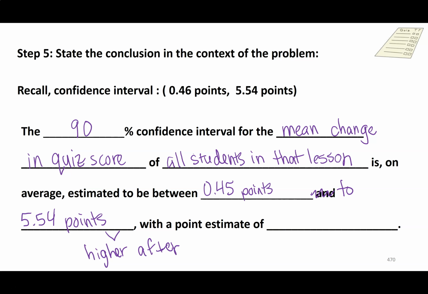I need to imply, is it higher before or after? I could write that I did the mean change in quiz score after minus before. You could write it in there after the lesson. But it needs to be clear, was it higher before or after? So with a point estimate of 3 points higher after the lesson.